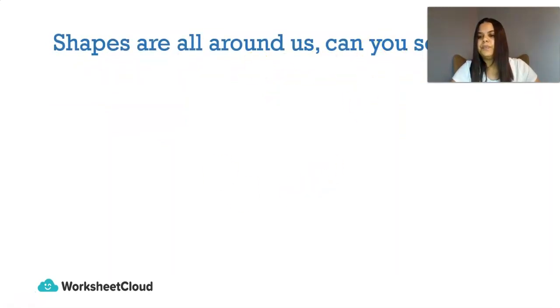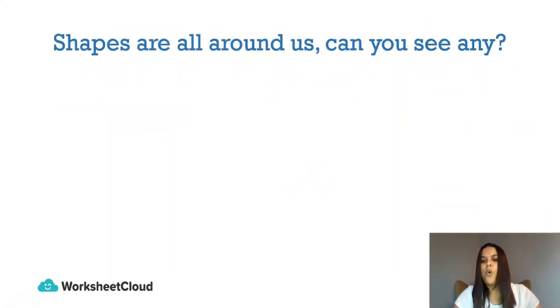So, shapes are all around us. Can you see any? I'm going to leave the screen on for a little bit and I want you to look around your room or your kitchen or your lounge or wherever you are sitting. Look around and see if you can see any shapes, especially the shapes that we spoke about today in this lesson.